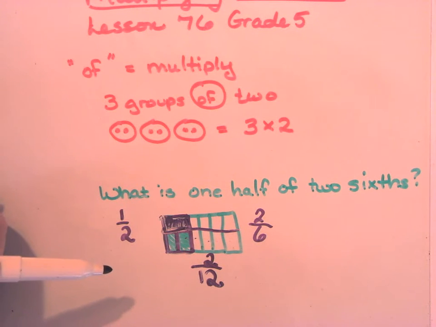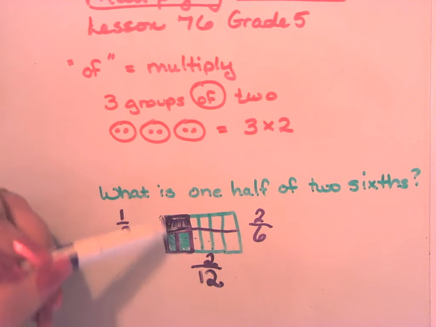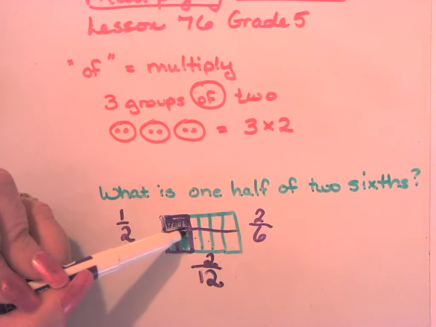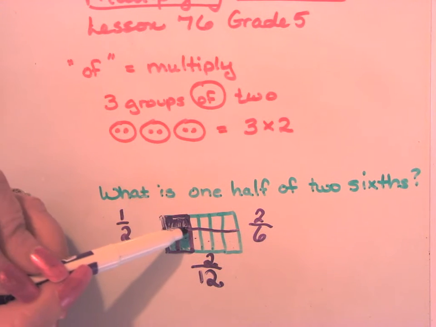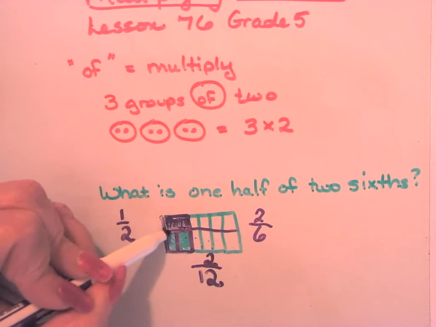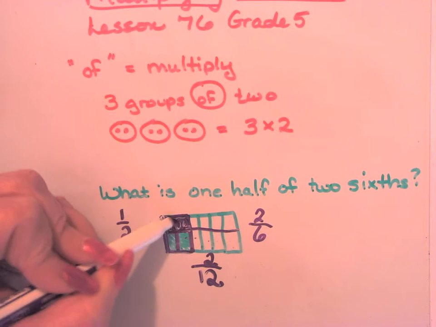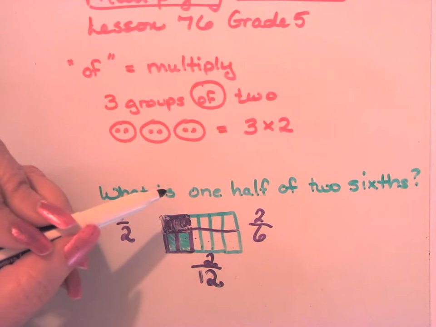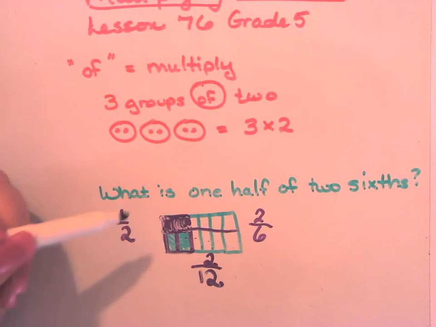Now let me review that with you again. Okay, so we had 2/6 colored in. We wanted 1/2 of those 2/6. So we took that 2/6 and divided it in half, and we have this section up here. Now, in order to make it even, we need to break it into pieces.